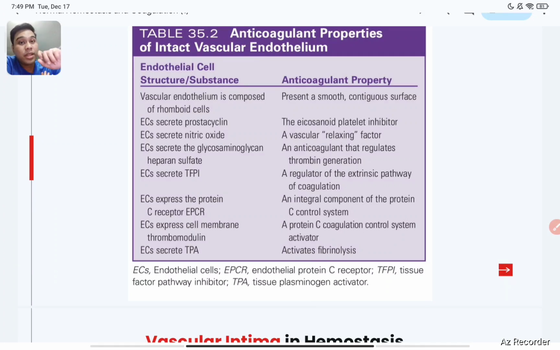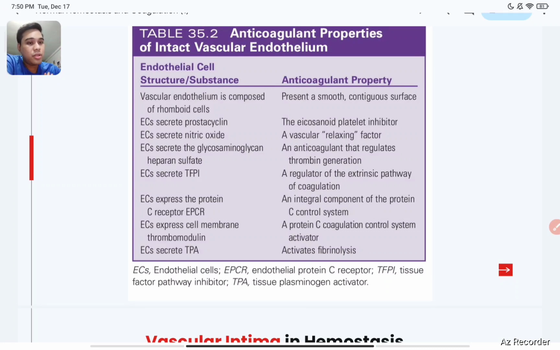Kapag sininghot mo siya, nagkakaroon ng vasodilation, particularly doon sa blood vessel nung ari nung lalaki, therefore giving you a more powerful or stronger erection. So ganon yung epekto ng nitric oxide.